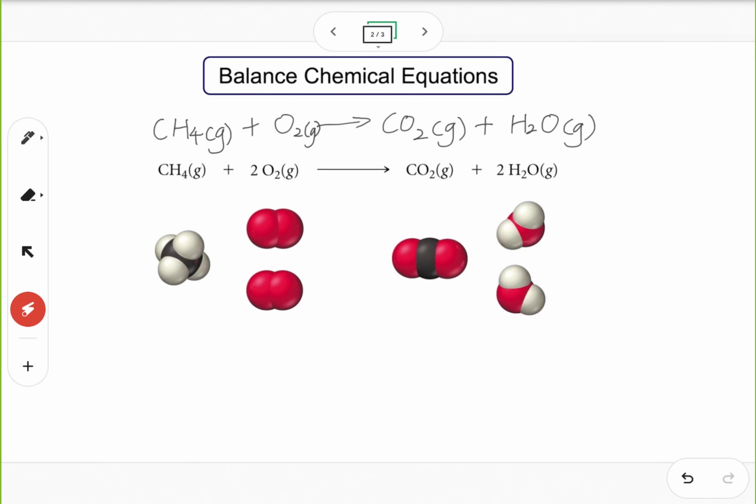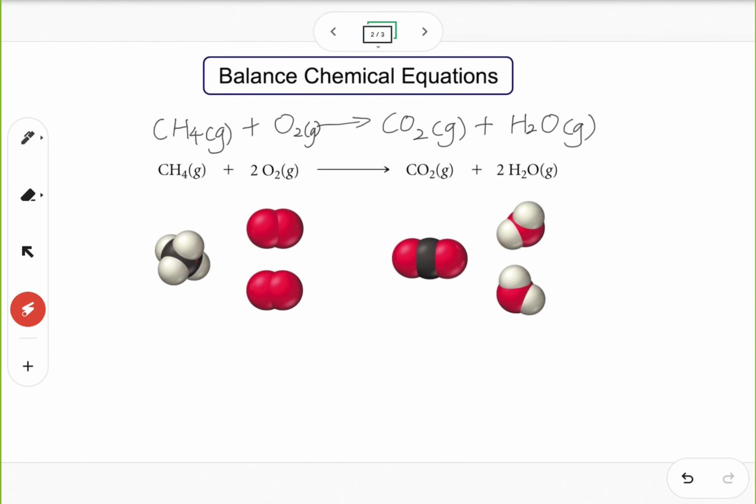Now, on the product side, this is still CO2, remaining the same, but for H2O, water, you have 2 in front of water. What does that mean? It means that you have 4 oxygens on the reactant side, and now you have 2 oxygens here and 2 oxygens from 2 water molecules. So 4 oxygen atoms on the reactant side, 4 oxygen atoms on the product side.